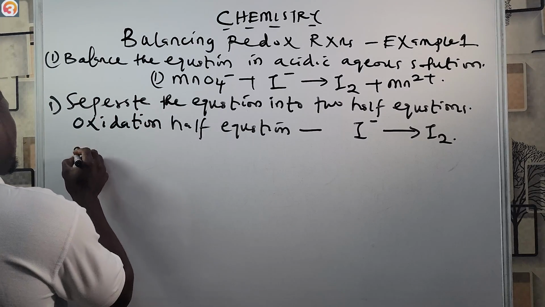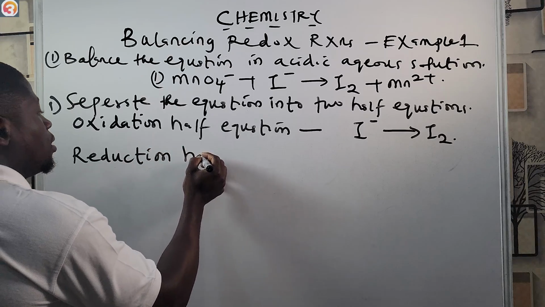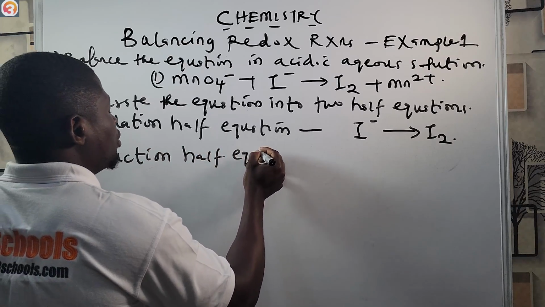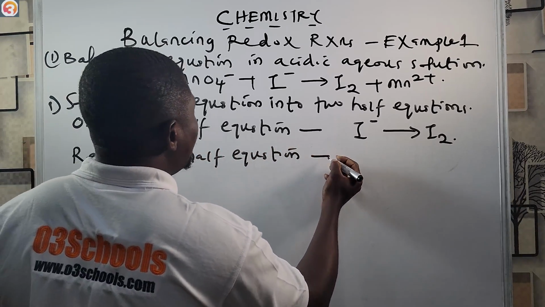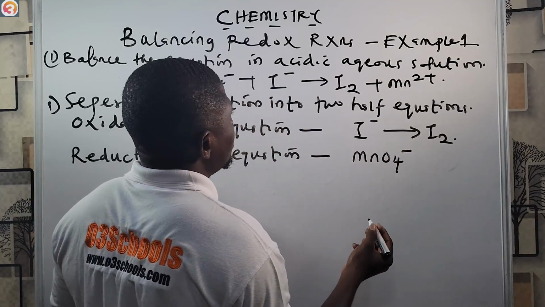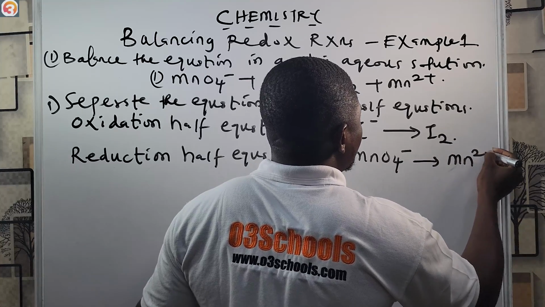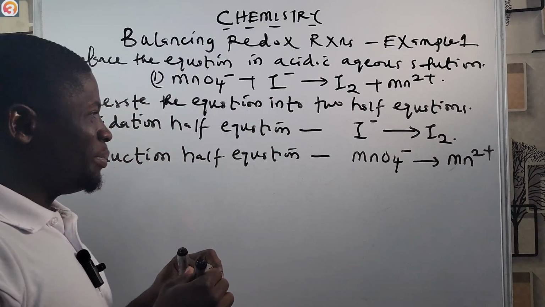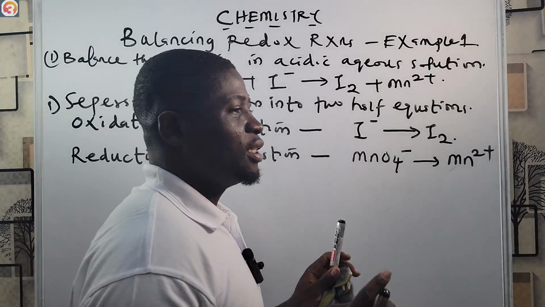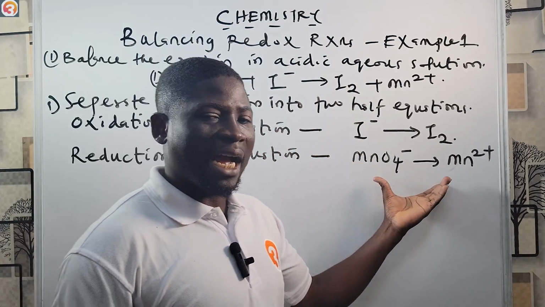Now the reduction half equation will be MnO4 minus to give Mn2 plus. So we have separated the 2 equations into the oxidation half equation and the reduction half equation.